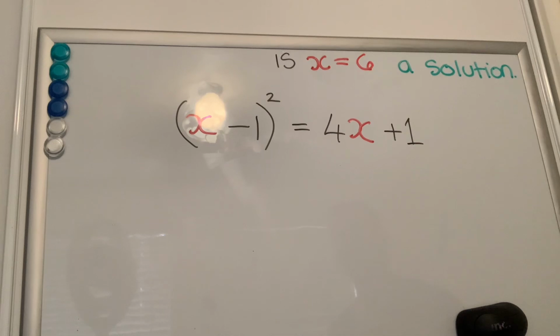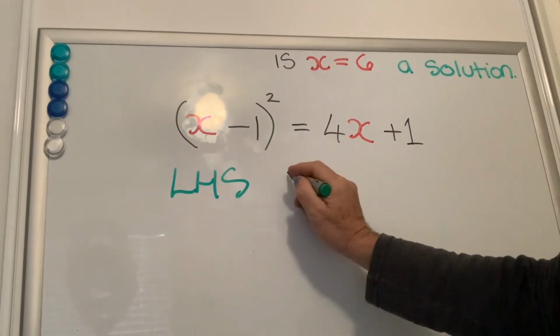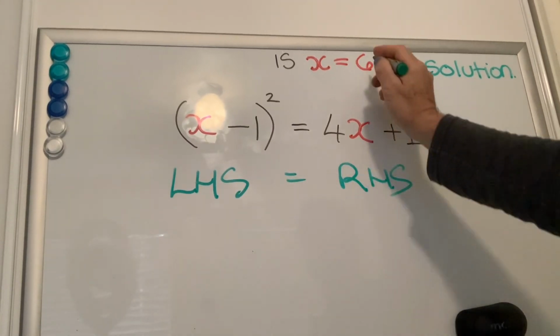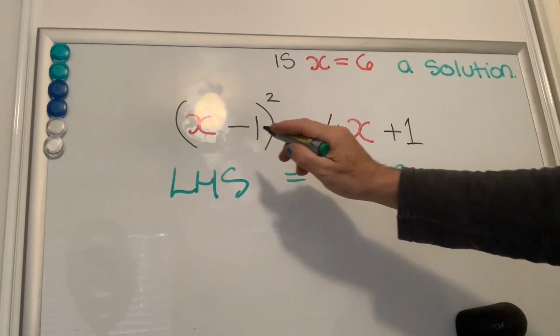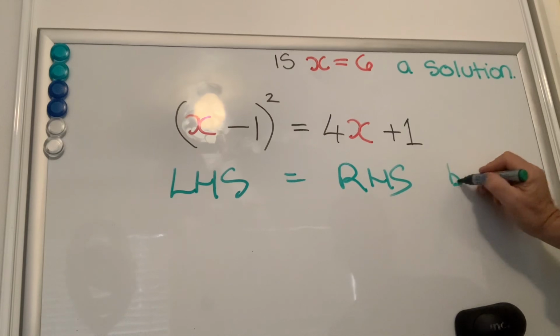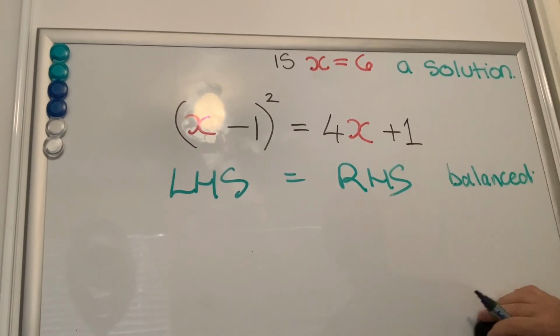In other words, does the left-hand side equal the right-hand side? Because if the left-hand side equals the right-hand side when we substitute x for the value of 6, then we can say that the equation is in fact balanced. Now let's go through and have a look if this applies here.